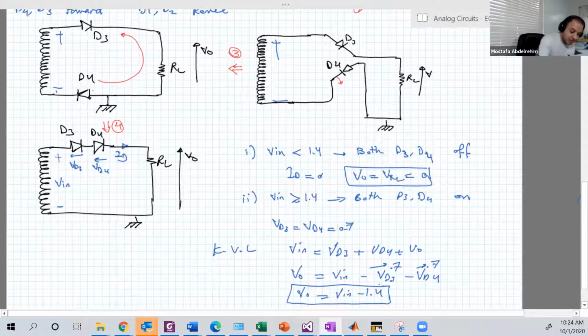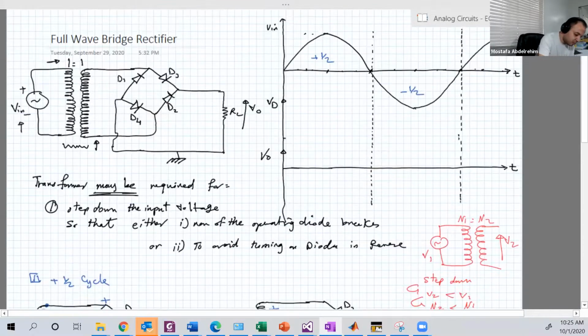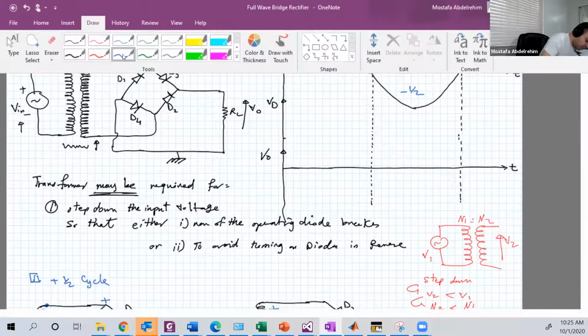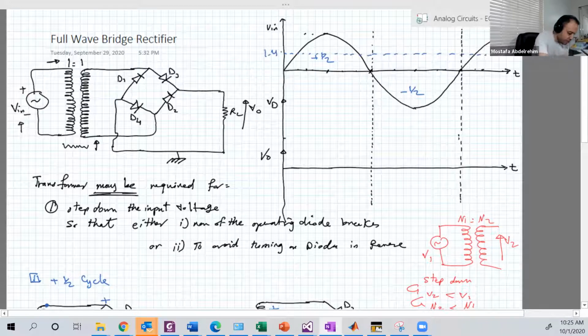And let's sketch that here before going to the negative half cycle. When the input reaches 1.4, let's assume this is, for example, the 1.4 point. This is again a sketch. You can choose any point, just a reasonable one. Then this guy will turn on. So we have regions at which the diodes are on, and other regions where the diodes are off.